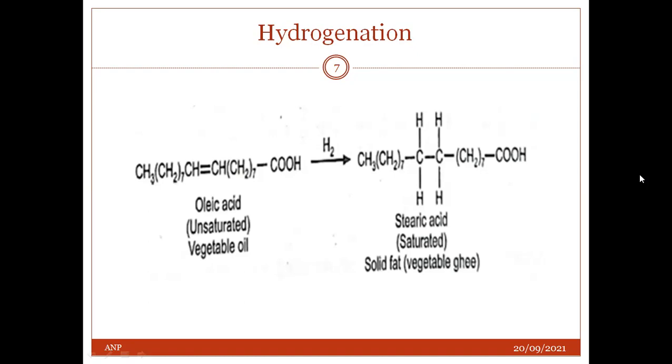Partial hydrogenation of vegetable oils is used for the manufacturing of vegetable ghee, also called dalda.